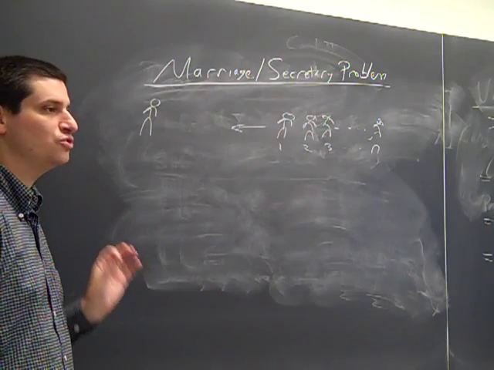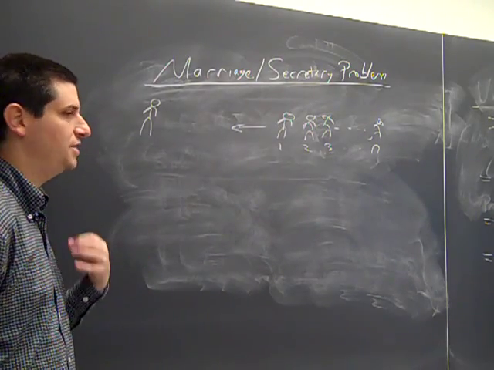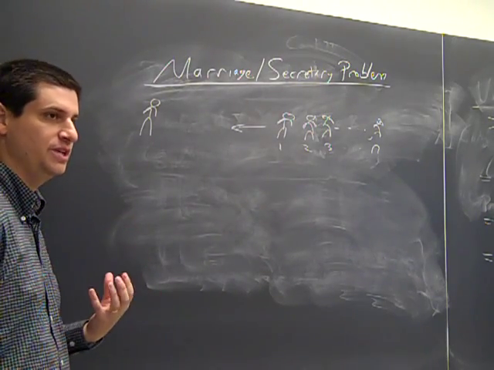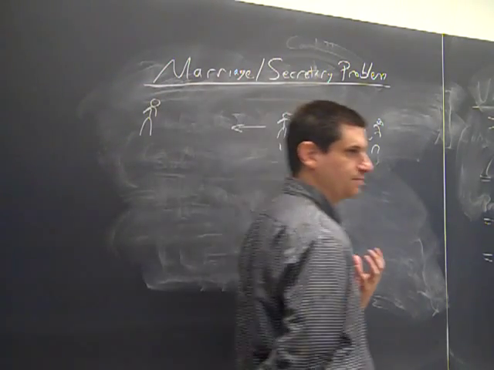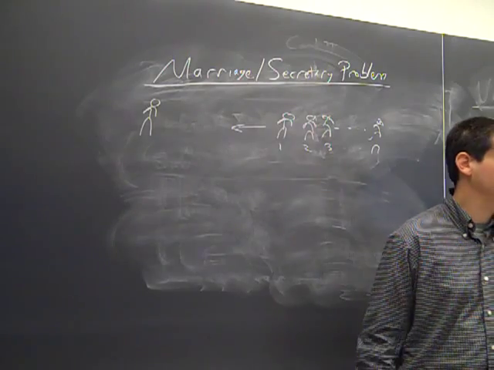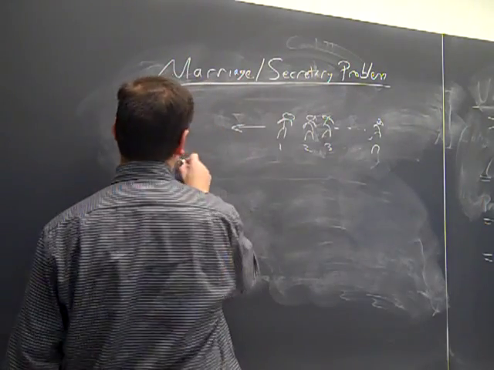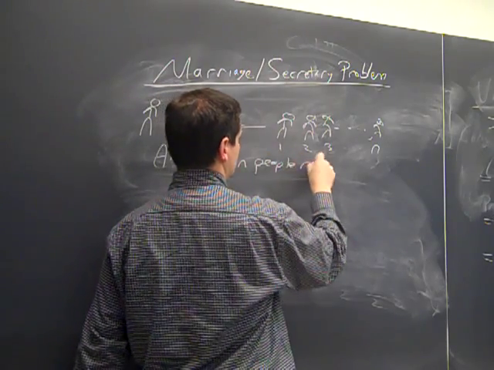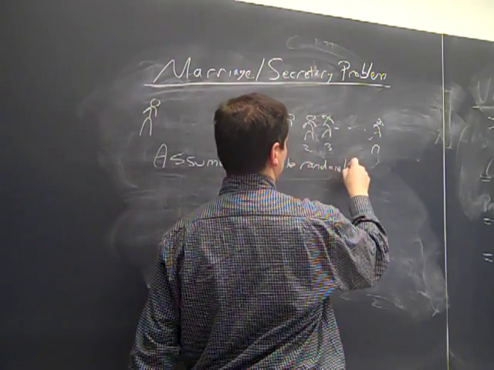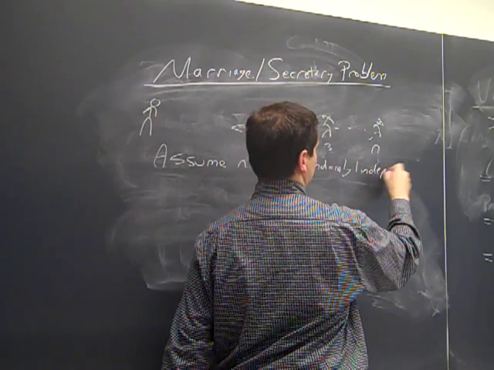Can someone give me a strategy where I will get the right person, the best person, at least 1 over n of the time? Always pick the first person. So we assume the n people are randomly, independently ordered.